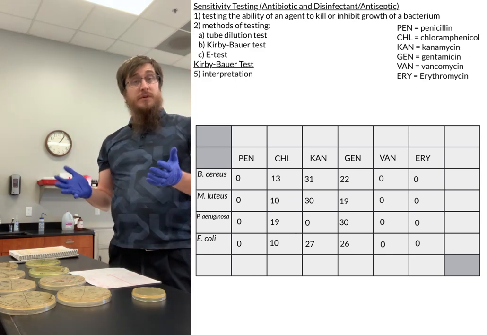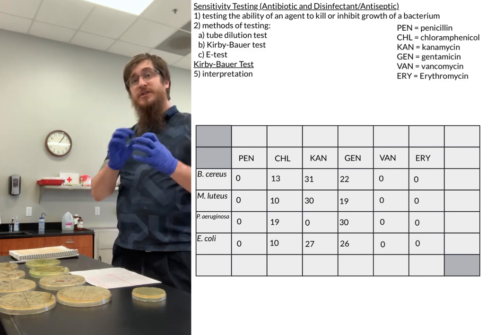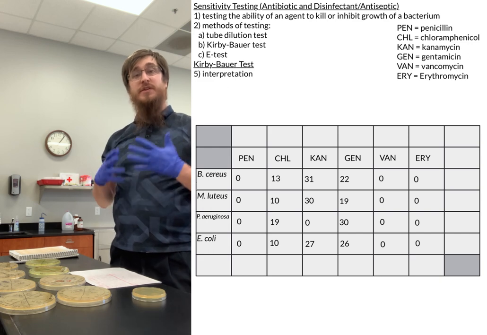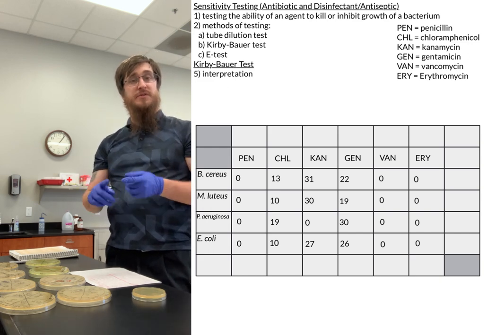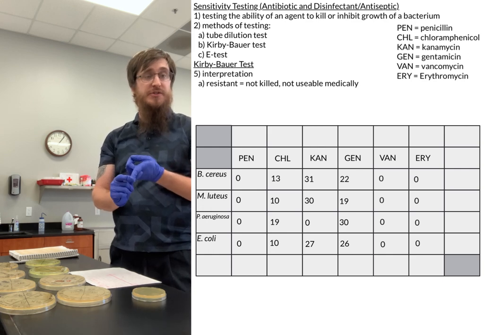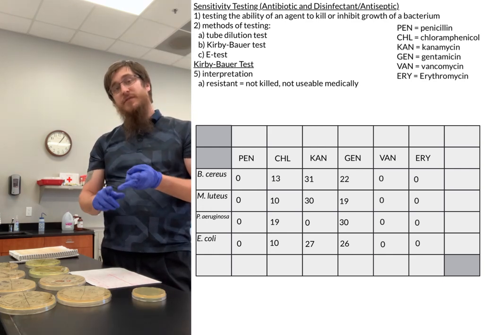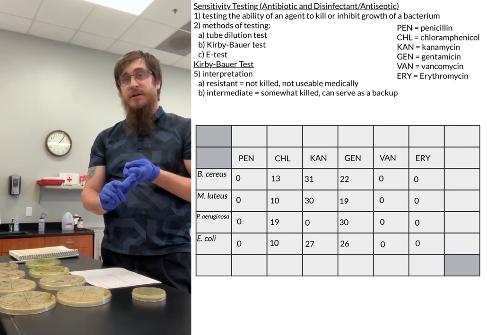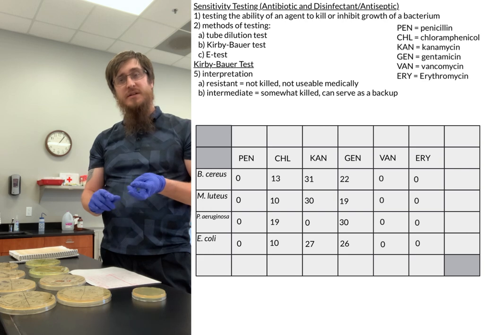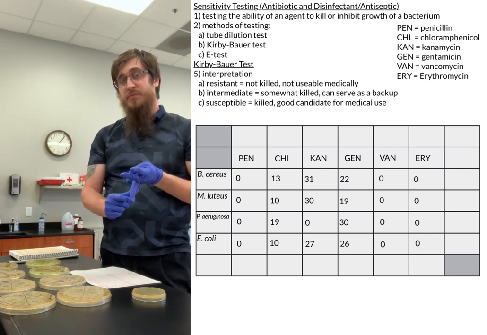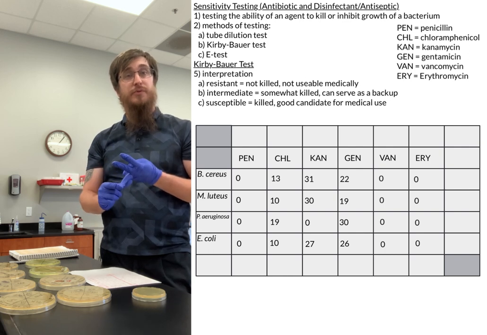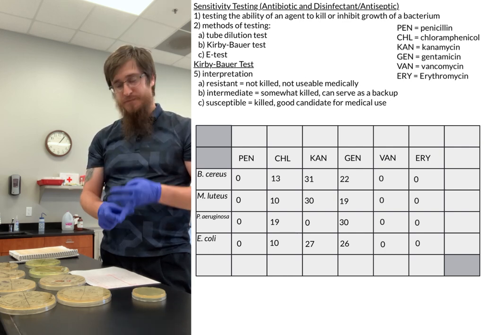The first thing that we would want to do is find each of the different antibiotic discs that we have, and then look at these specific ranges for whether or not our organisms are resistant to it, meaning that they were not killed by the antibiotic and we can't use it in a medical setting. If they were intermediate, meaning that it somewhat kills it, it's kind of like a backup in medicine. And then whether or not they were susceptible, meaning that it kills that organism well, and it would be a good candidate for some sort of medical application.